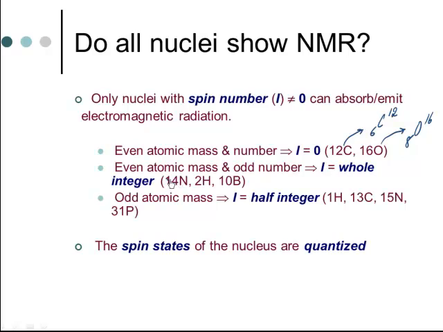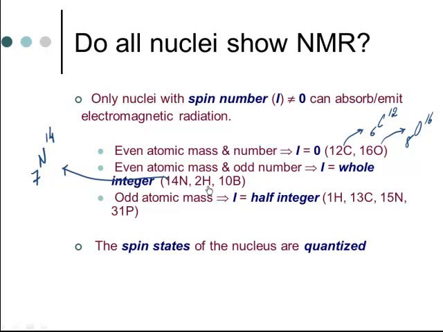For example, in nitrogen 14, the atomic number is 7 and the mass number is 14. As a consequence, there are 7 protons and the number of neutrons is 14 minus 7, which is equal to 7. Since the numbers of protons and neutrons are odd, this particular nucleus has an integral spin. So the spin quantum number is an integer, or a whole number.